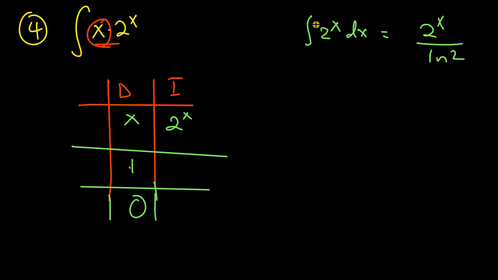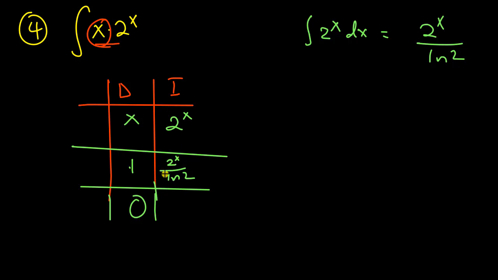I actually have an independent video where I talk about how to integrate this and examples similar to this. I'll leave a link to the video in the description where you can see that. But for this, we have 2 to the power x divided by natural log of 2.